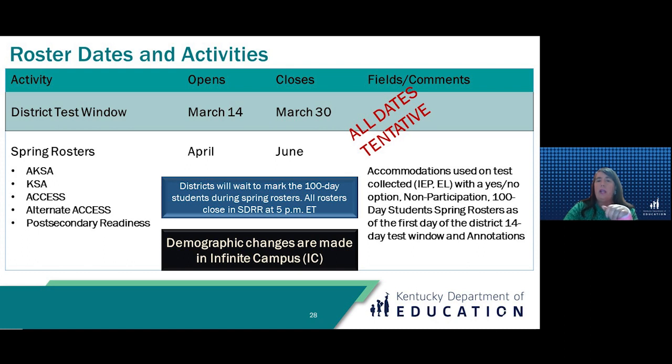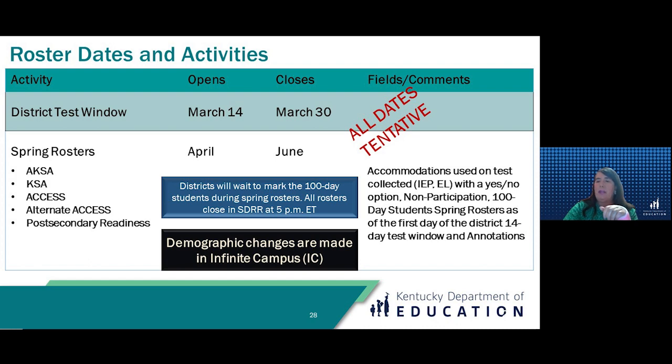You'll notice when it's going to open for district test windows, and when it's going to close. It also tells you when it's going to open for spring rosters, and that it always closes at 5 p.m. Usually SDRR closes at that time, but before that it'll close for new tickets at noon on those dates, so that's very important.